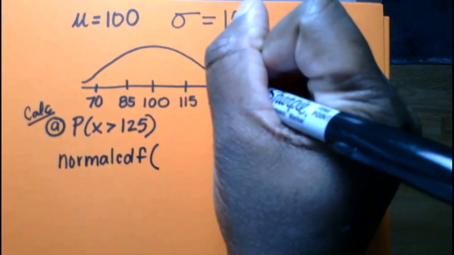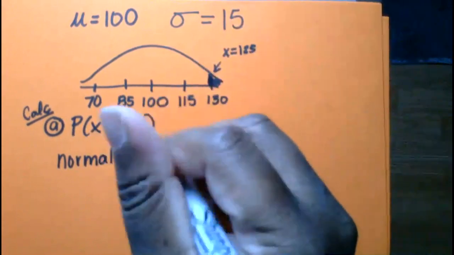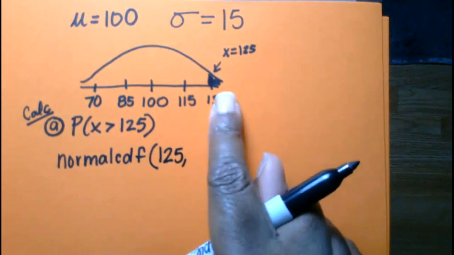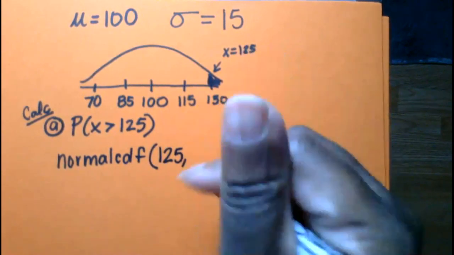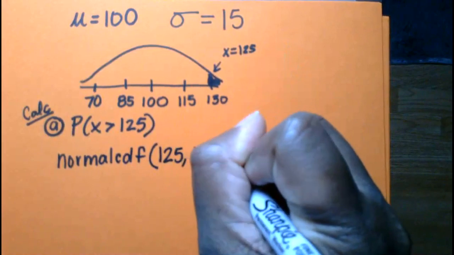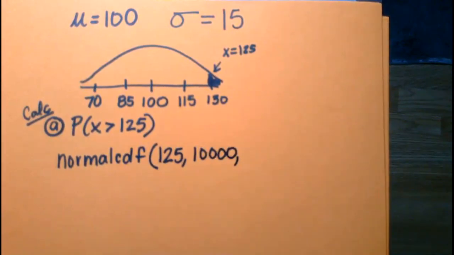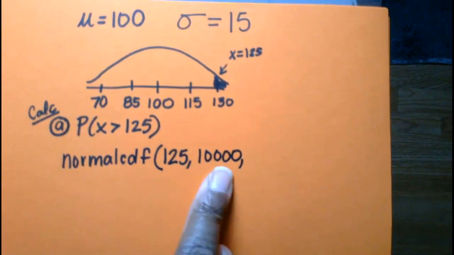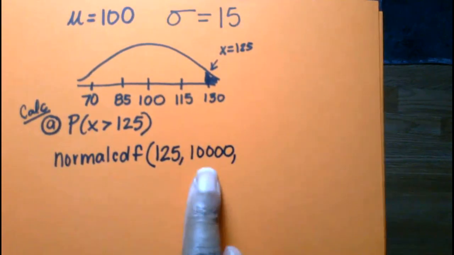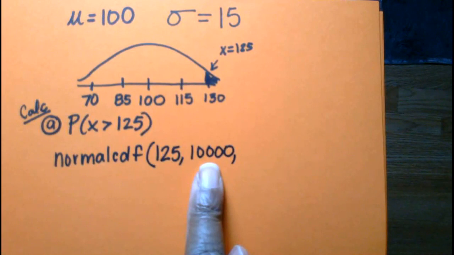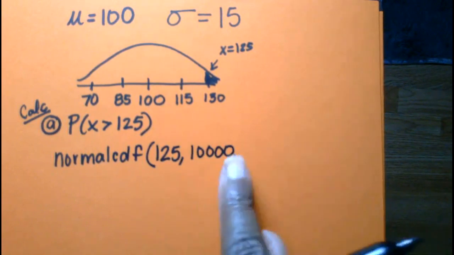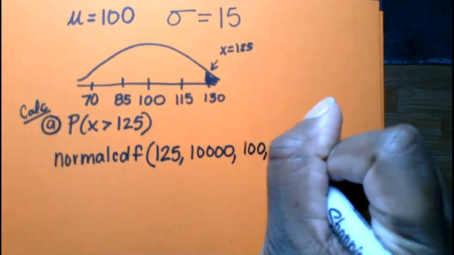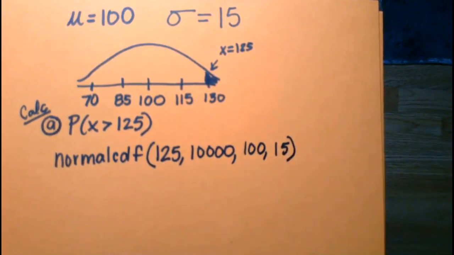So my left boundary, or my lowest number, is 125. Highest number, I don't have one, so I have to make up one. 10,000 is usually enough for us to tell the calculator to stop working. If it's not big enough, because this number has to be bigger, just make it 100,000. Then I'm going to put in my mean and then my standard deviation.